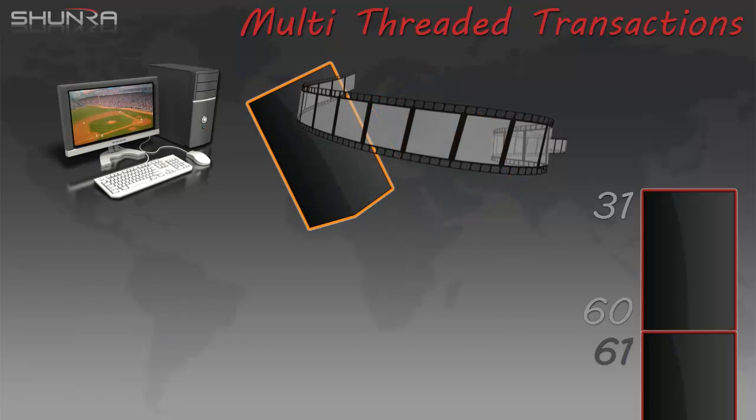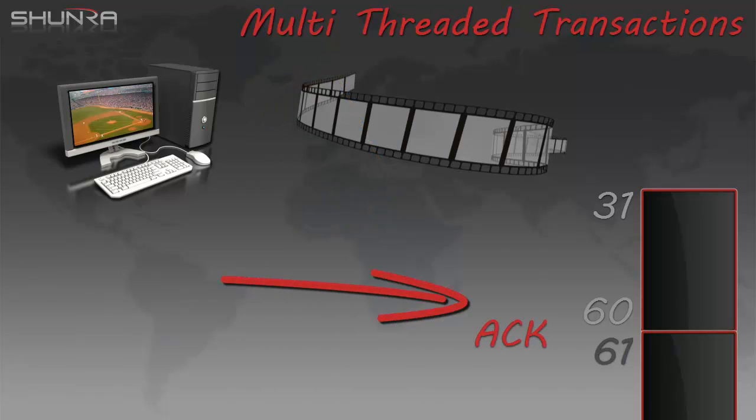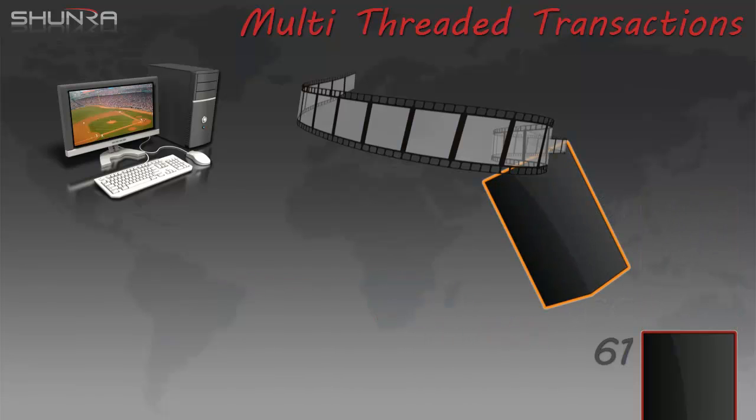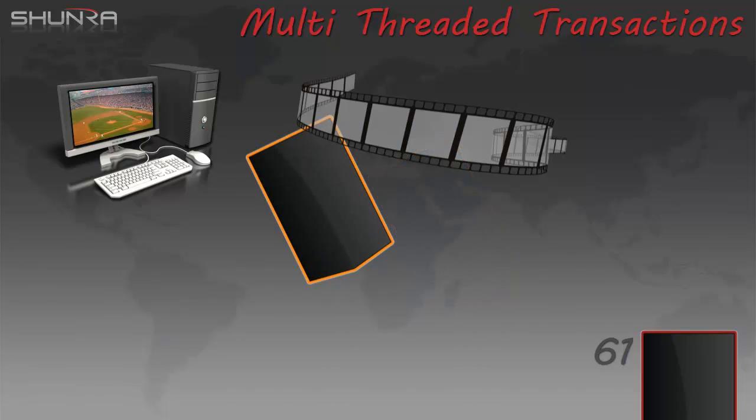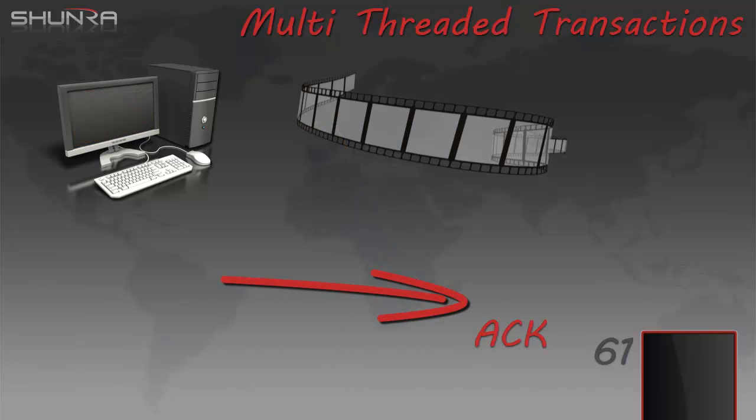Before he sent 31 through 60, he would wait for an acknowledgement. So this is single threaded, it's very serial. And what can happen in certain instances, especially with video, and I know you've probably all noticed this in the past when watching video over the wire and streaming type video.